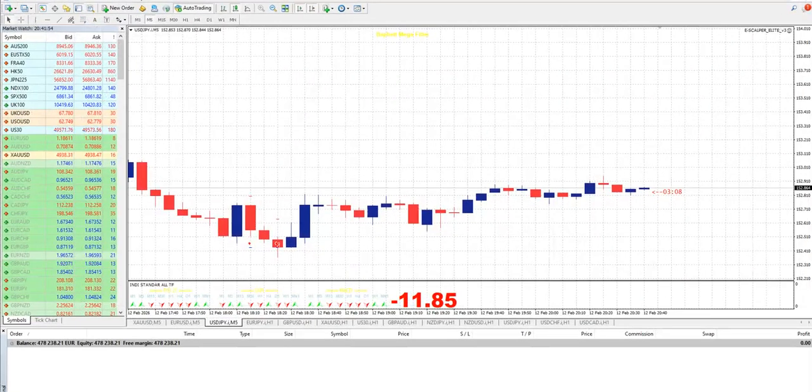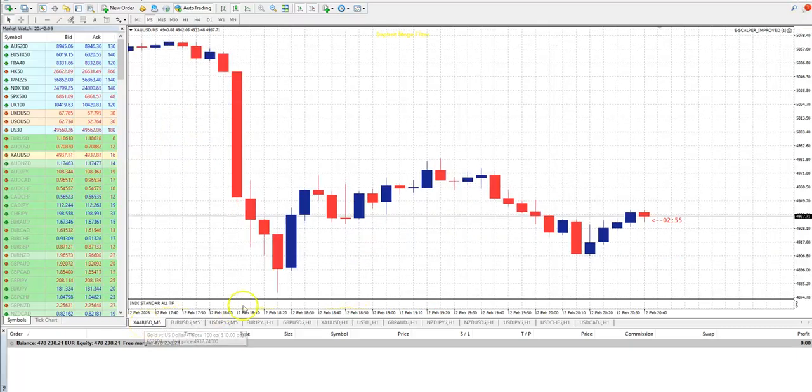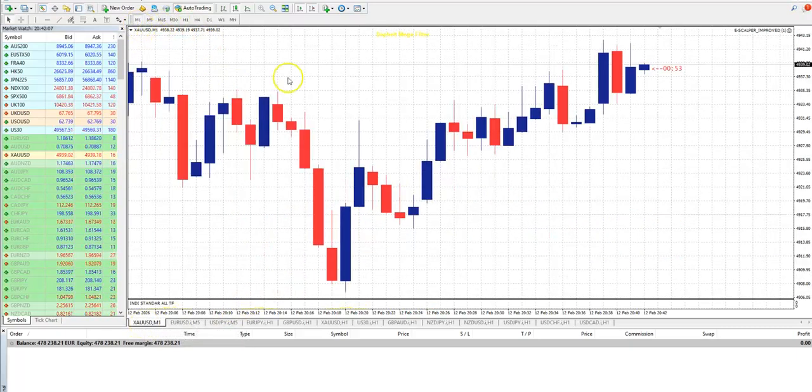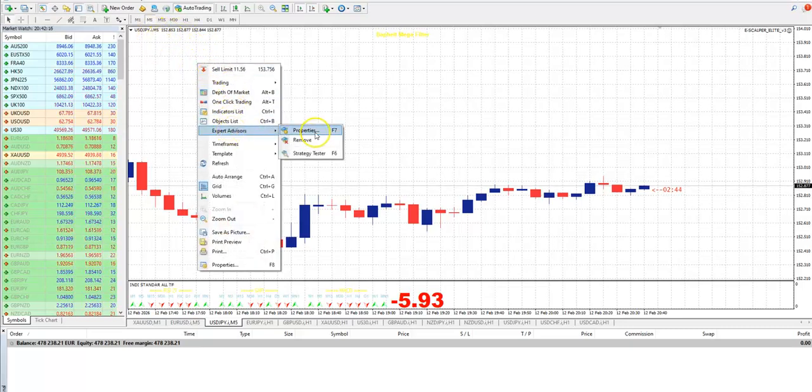Reactor Scalper. Also we have E-SCALPER, new Elite version. We also added many different functions here. Let's check it quickly.